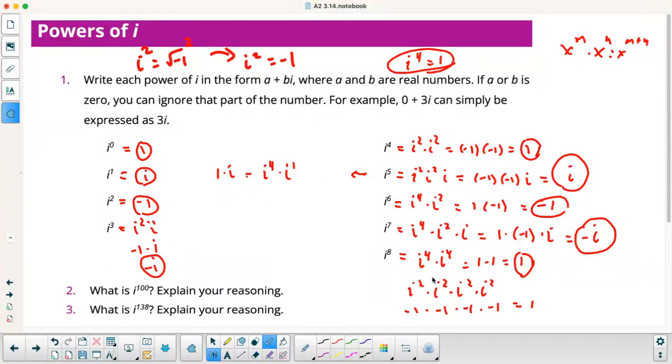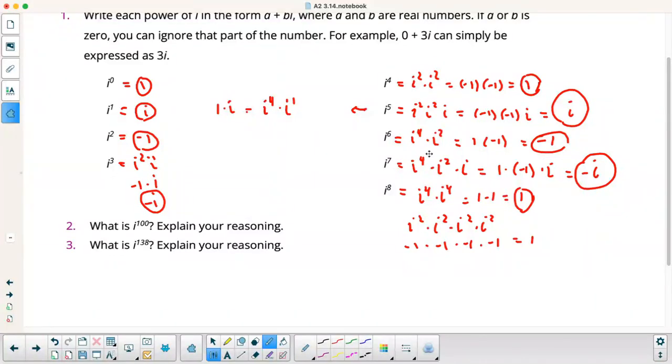Same thing. All right, so what you're starting to see is when you start writing it as powers of 4, what you're really looking for is the remainder, basically. So i to the 100th. If I take i to the fourth to the 25th, multiply your powers, that would give me 100.